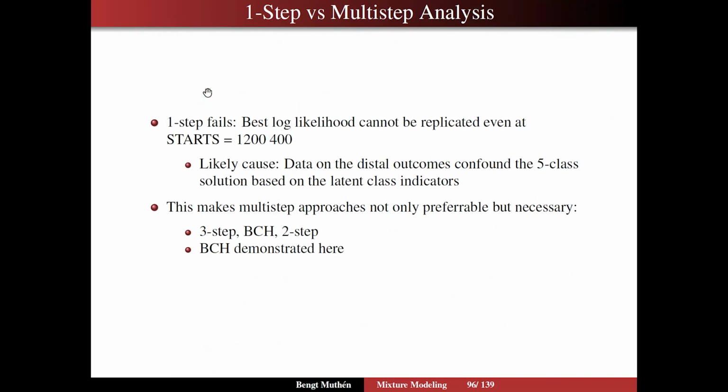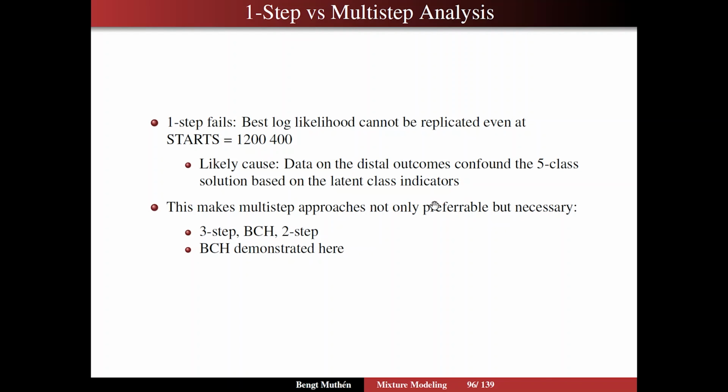Now, slide 96 though. Here we have an interesting case. The one-step analysis actually fails. The input of which I just showed you. The best log likelihood cannot be replicated even at this high starts of 1200, 400. And the likely cause is that the distal outcome data confound the relatively weak 5-class solution based on the latent class indicators.